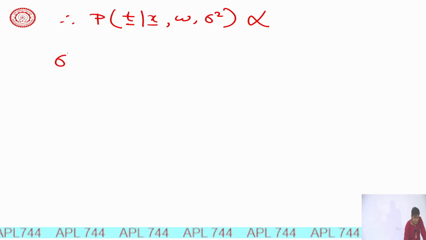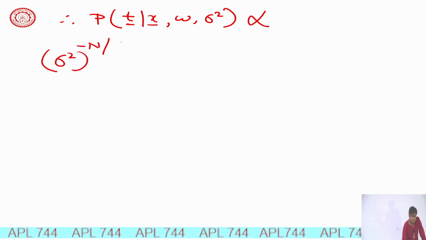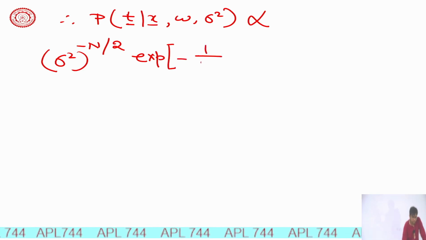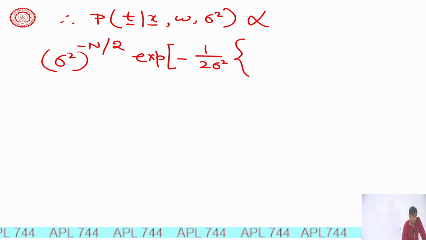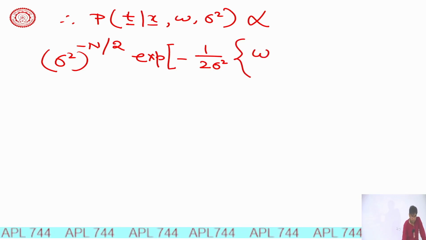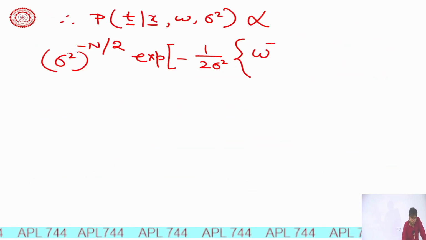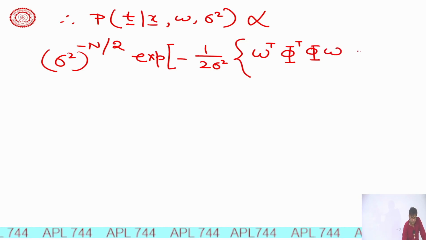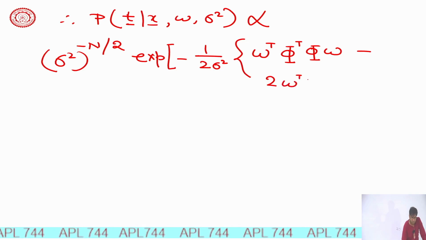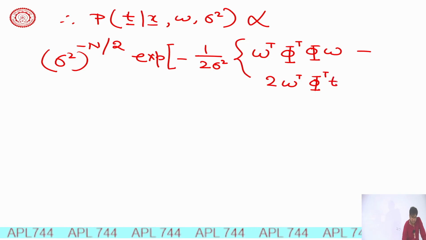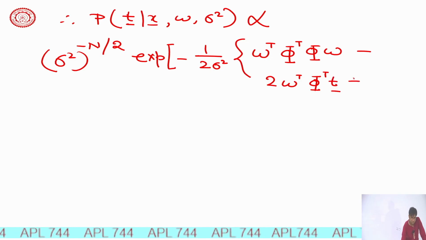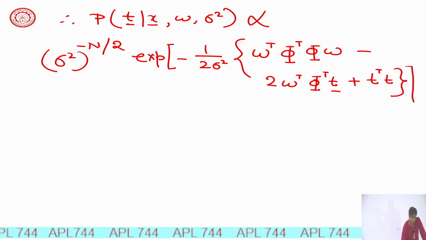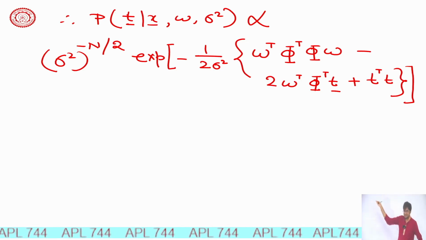It is proportional to sigma square to the power minus n by 2, exponential of minus 1 by 2 sigma square, and then you have W transpose phi transpose phi W minus 2 W transpose phi transpose T plus T transpose T. I have just opened up the bracket, and it's like a square minus 2ab plus b square.